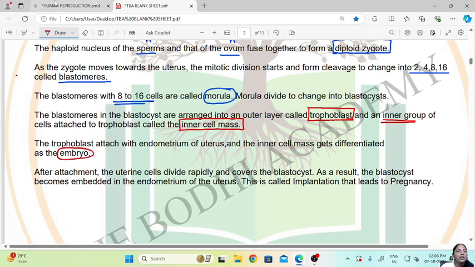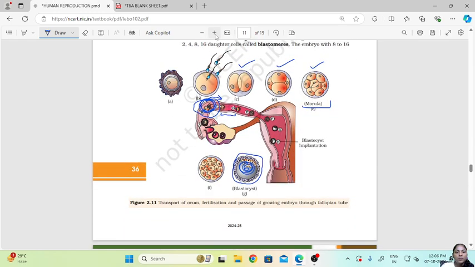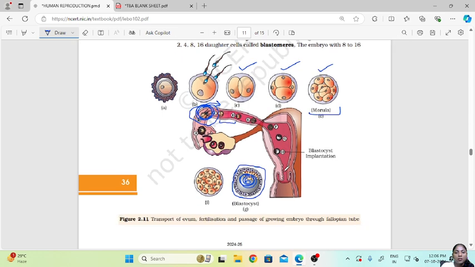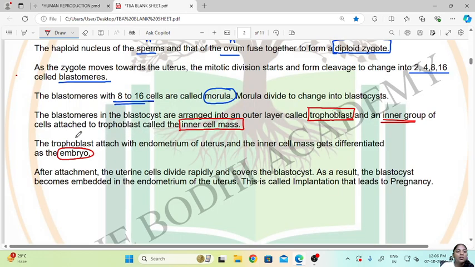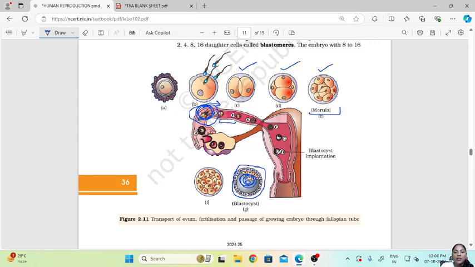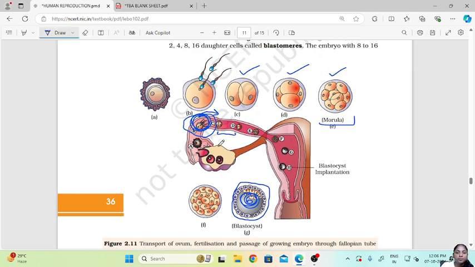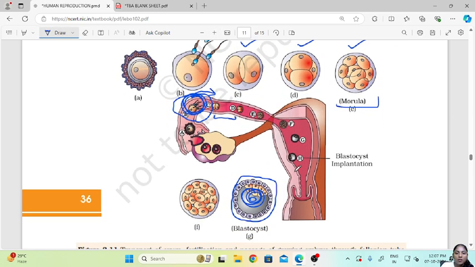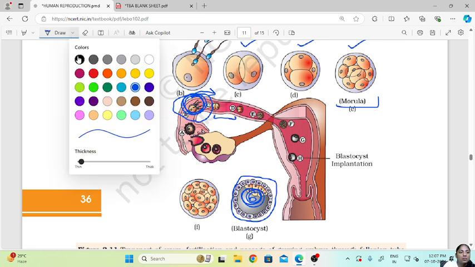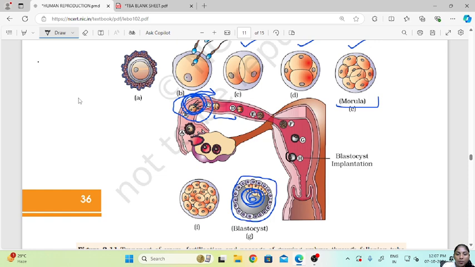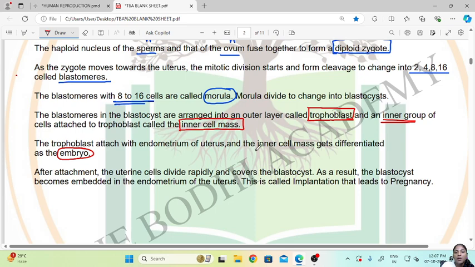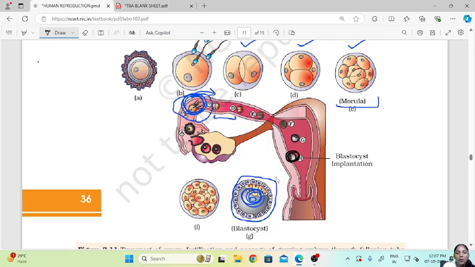As we can see here, of the blastocyst, the trophoblast, the outer layer, will get embedded in the endometrium layer of the uterus, and the inner cell mass will get differentiated into the embryo. So here the embryo will be formed.